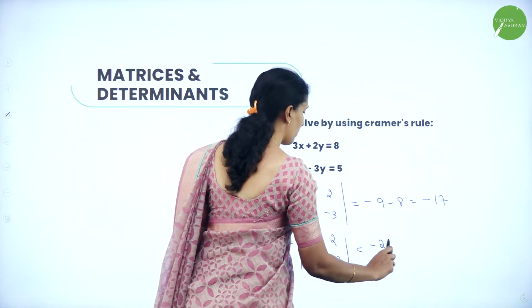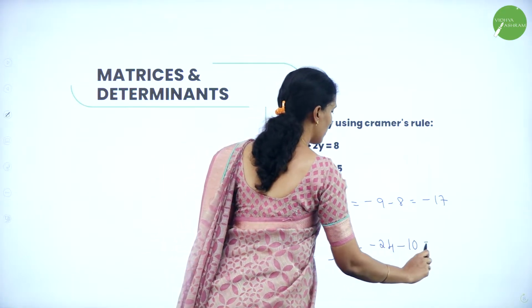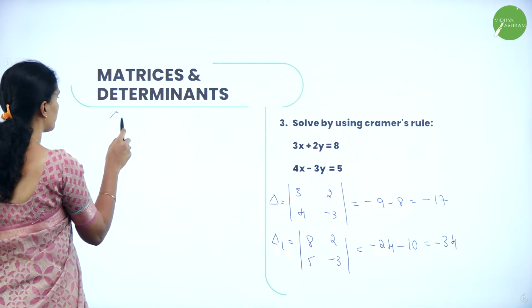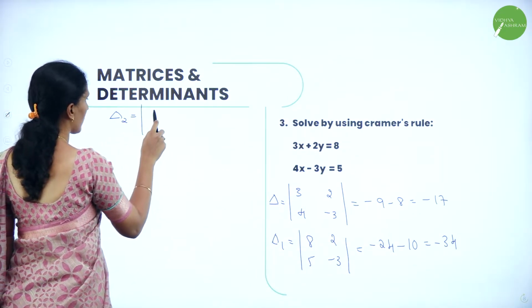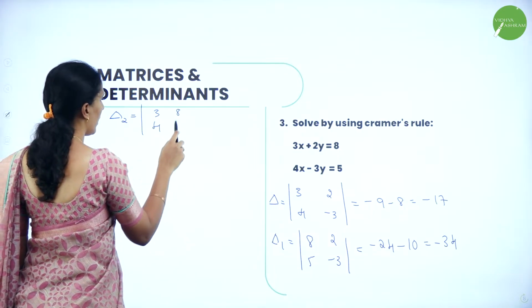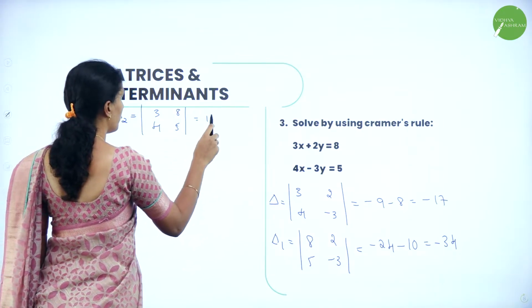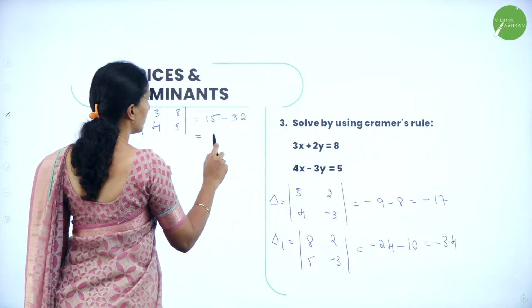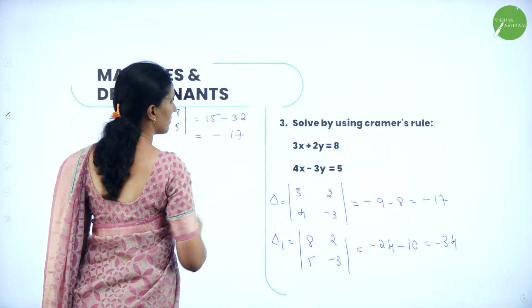So minus 24, minus 10, minus 34. Let's find delta 2. 3, 4, 8, 5, 15, 32. So that is equal to minus 17.